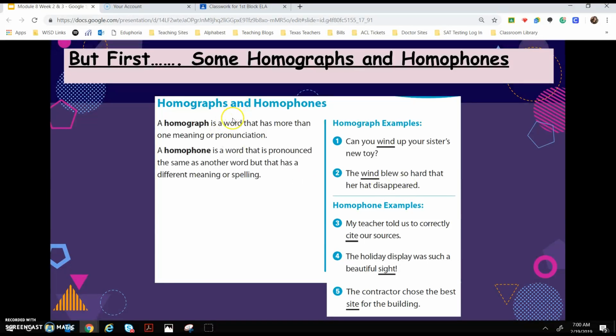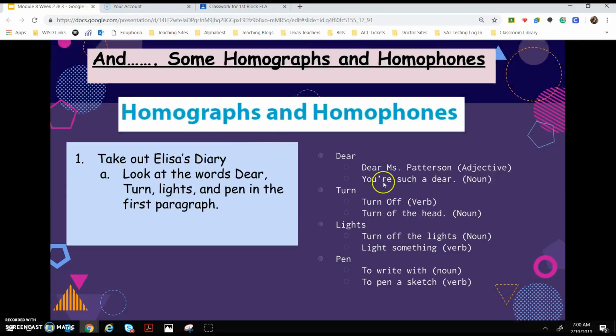So again, going back to our definition, a homograph is a word that has more than one meaning or pronunciation. So dear and deer here have more than one meaning. So dear Miss Patterson is an adjective, but you're such a dear, it's talking about how someone is so sweet here. That's a noun. When we look at turn and turn, this is a homograph. So turn off the lights or turn of the head, which is a noun. So those two turns are different.